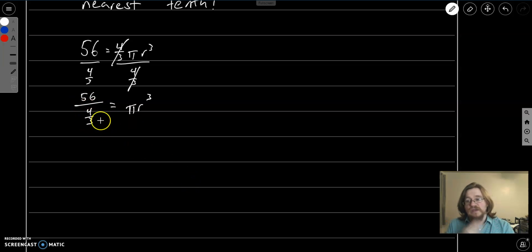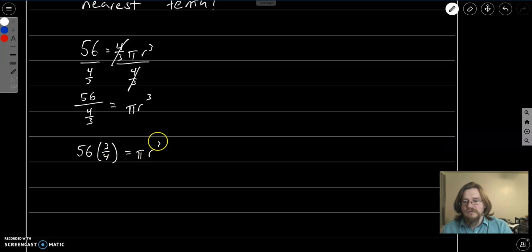And then luckily, we have seen what it means to divide by a fraction. It's the same thing as multiplying by the reciprocal. So this is going to be the same thing as 56 times 3/4. Cool. So now I have pi times r cubed.